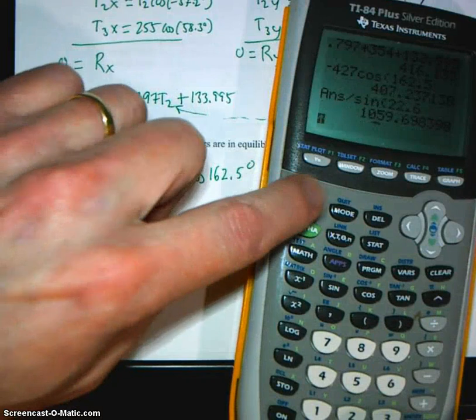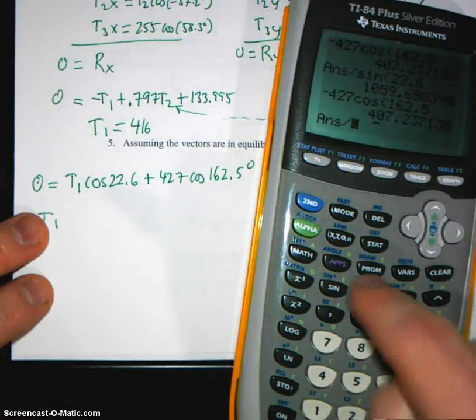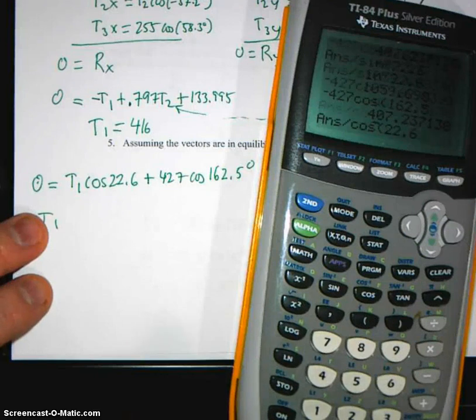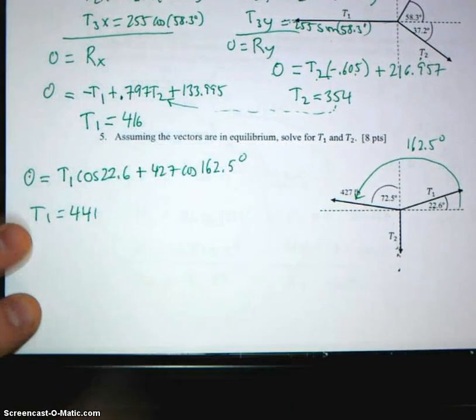Oops, I hit sine, didn't I? Rats. Divided by cosine 22.6. All right, so that's going to be 441. T1 is 441.